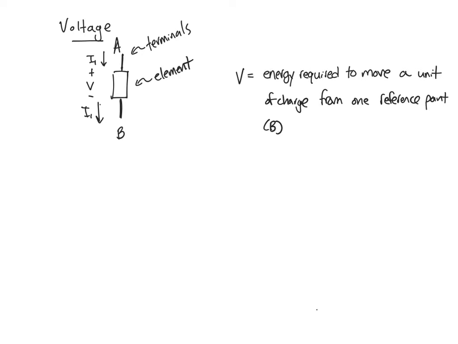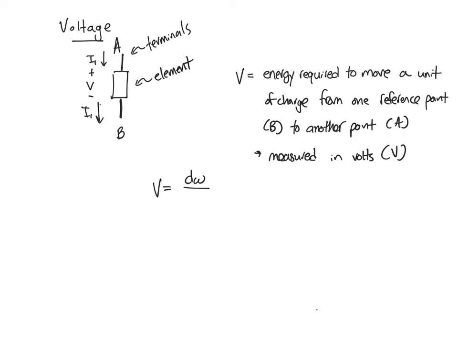The positive polarity is going to attract the negative charged particles. To another point, in this case, A. So this is measured in what we call volts, capital V. We can write that mathematically as delta energy required to move a unit of charge, dq. So 1 volt is going to equal 1 joule per coulomb.